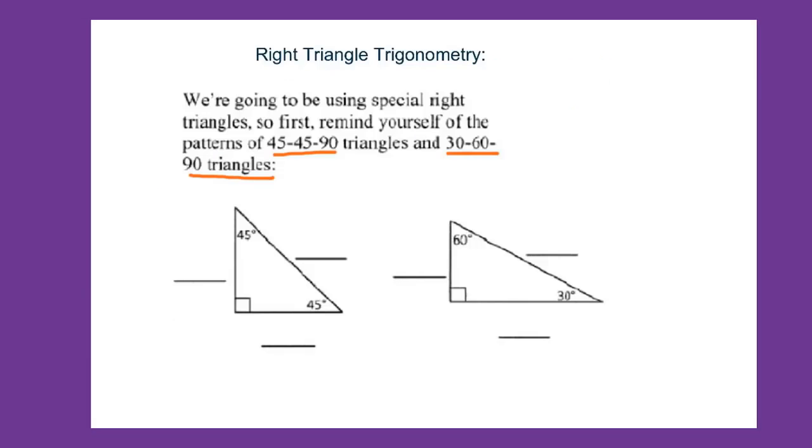We know that for the SAT test, for a 45, 45, 90 triangle, we label these two legs as 1, 1. Then the hypotenuse is the square root of 2.